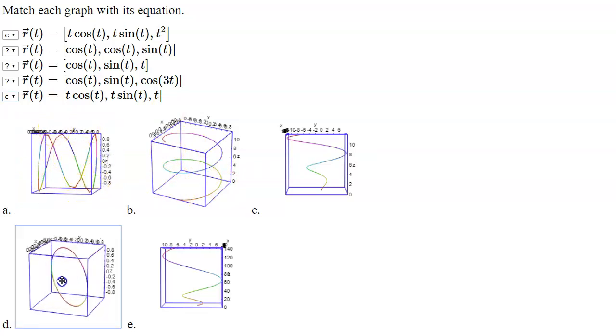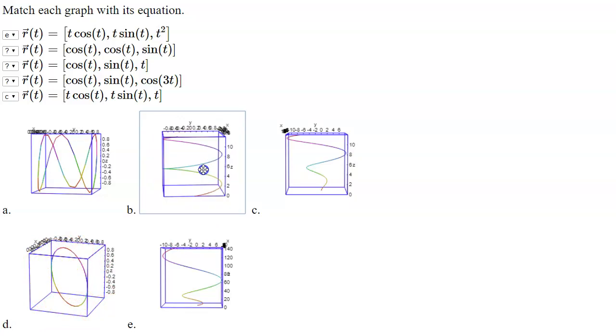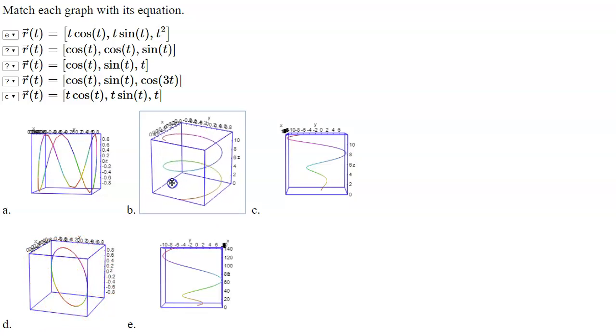Here, my z value again appears to be going up and down, not just steadily increasing, whereas in this equation, this is sort of a classic helix, the z value is just increasing as t increases. And so it looks like this graph here is going to correspond with this equation, a standard helix, circular rotation in x and y, increasing in z.